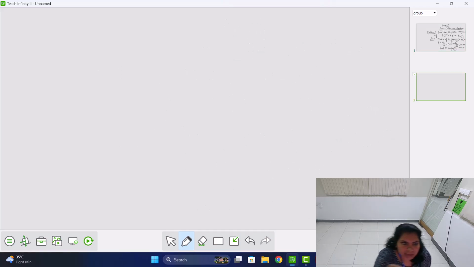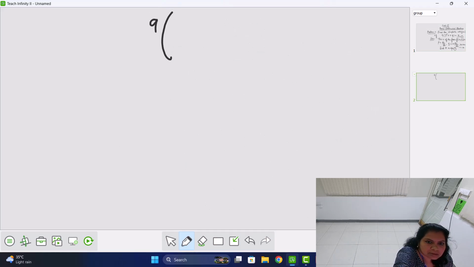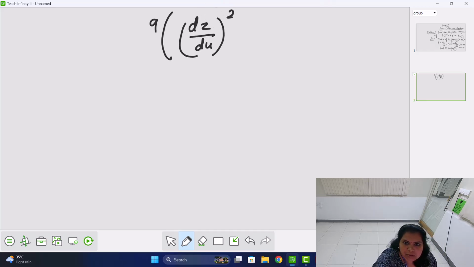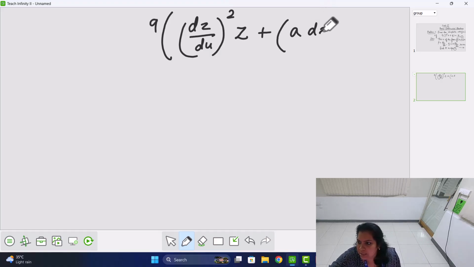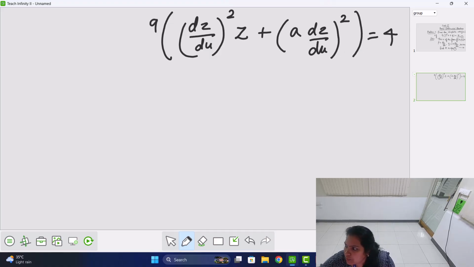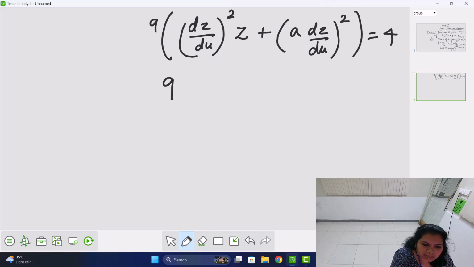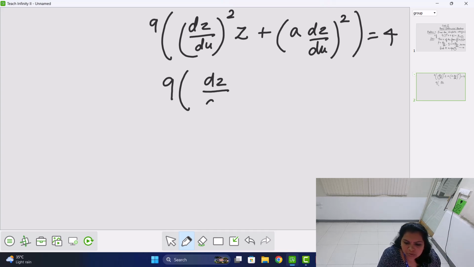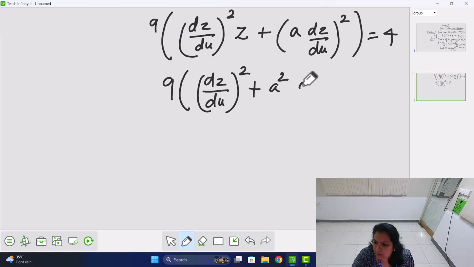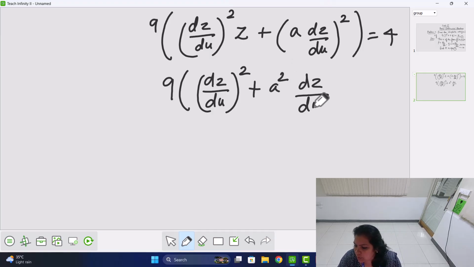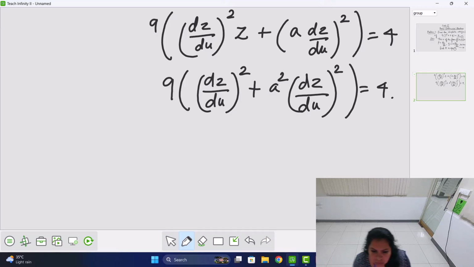So you'll get 9 (dz/du)² z, and q replaced as a dz/du the whole squared, is equal to 4. So 9 (dz/du)² z plus a² (dz/du)², not d²z by du², is equal to 4.